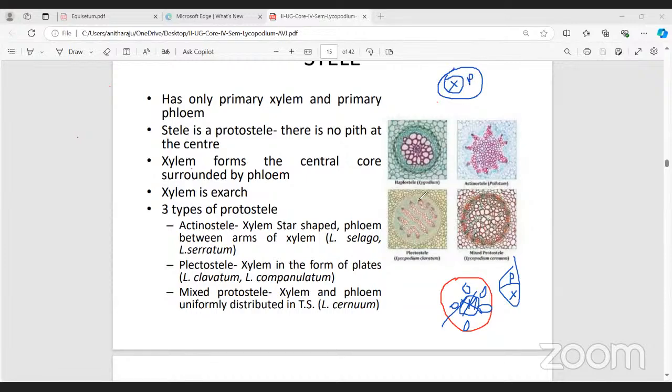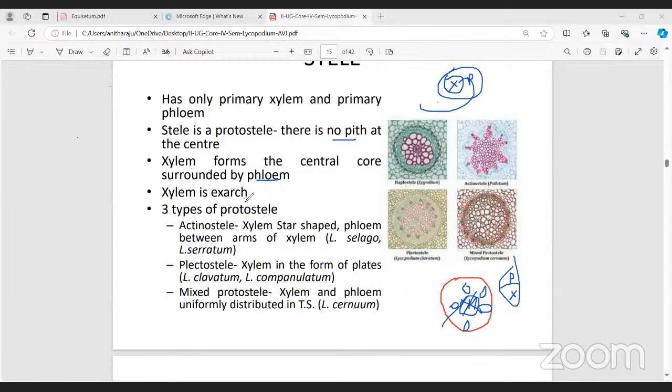No pith, this is important. No pith at the center. Xylem forms a central core surrounded by phloem. This type is called haplostele.